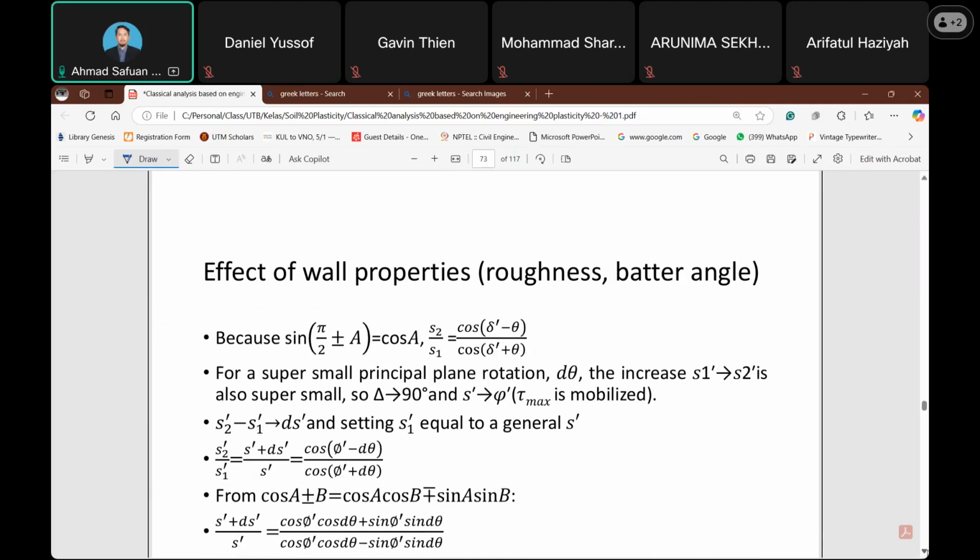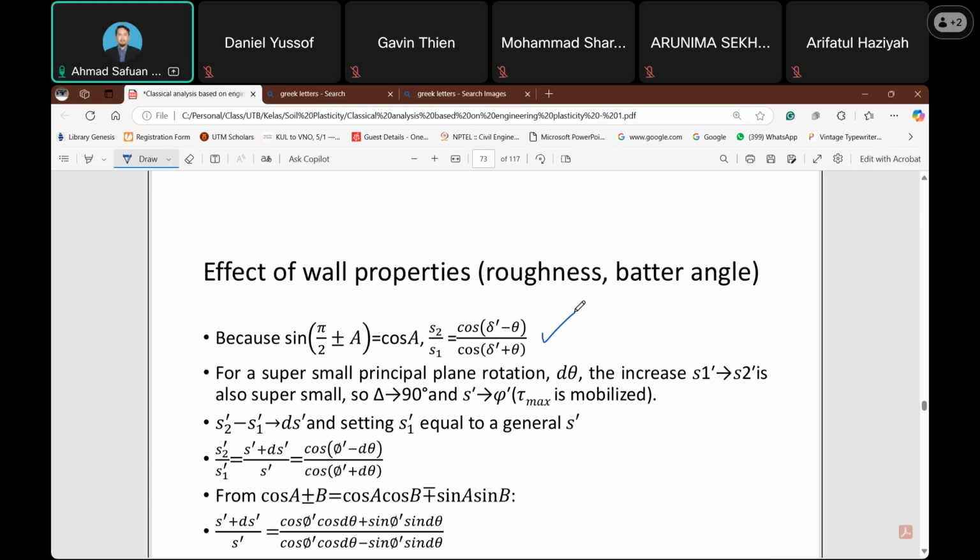Then use what we call the trigonometric identity, okay. So then we get this value. Okay. So for a super small principal plane rotation, d delta, the increase in S1, S2 is also super small.